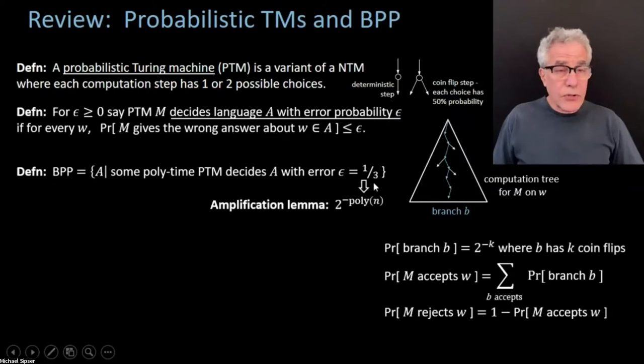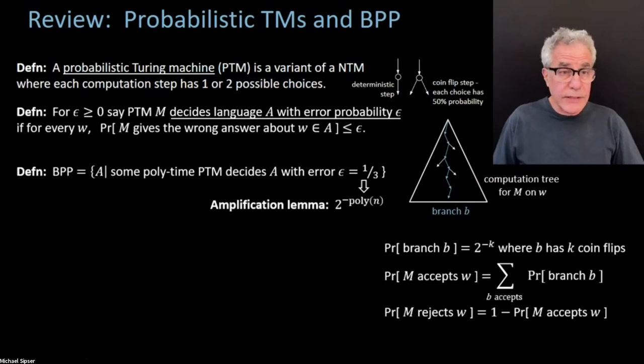Then we also went over the amplification lemma. We did not give the proof, but we went over the statement of the theorem. The proof is really just a calculation that you can drive down that error probability to something extremely tiny, just by basically repeating the machine and taking the majority vote of what it does on several different runs.